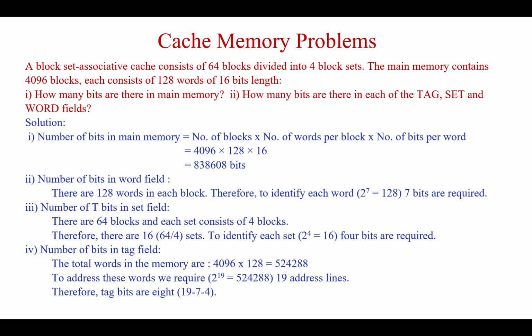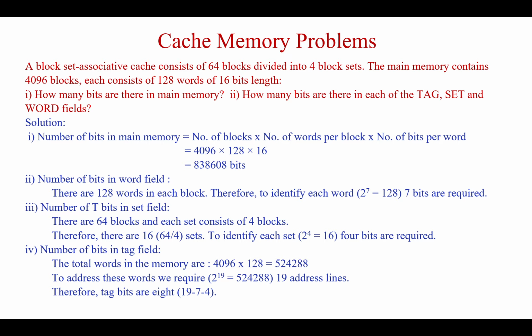First we'll find out the number of bits in the main memory. For that we have a formula: number of blocks times number of words per block times number of bits per word. So 4096 blocks times 128 words times 16 bits per word. So we'll have these many bits. Then the number of bits in the word field: there are 128 words in each block.